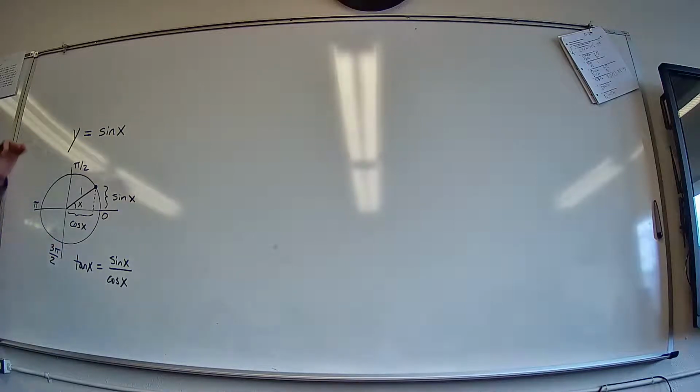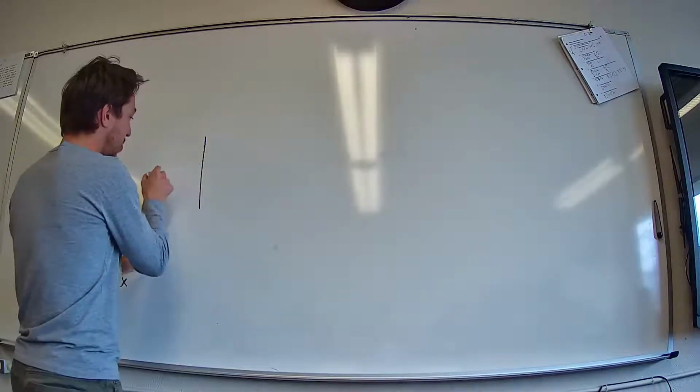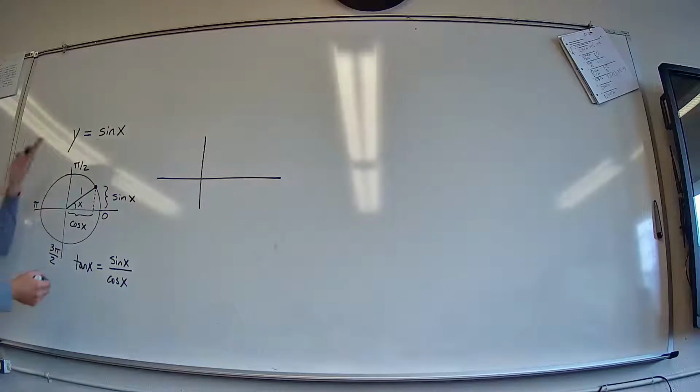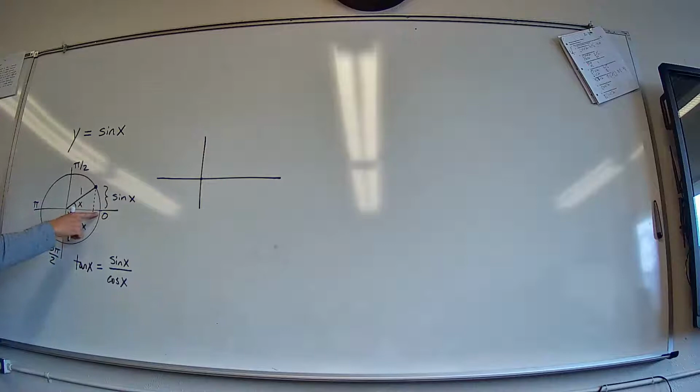So why am I drawing this? Because to understand why the derivative of this is what it is, the best way, in my opinion, is to understand what the graphs look like. So what does the graph of sine look like? What's the sine value when your angle is 0? 0. What's the next time your sine value is going to be 0 if you move around the circle?